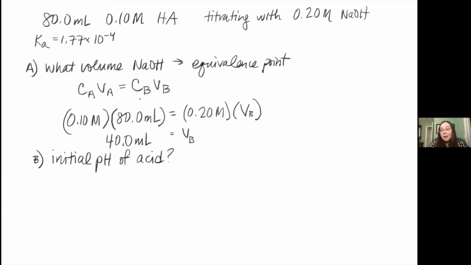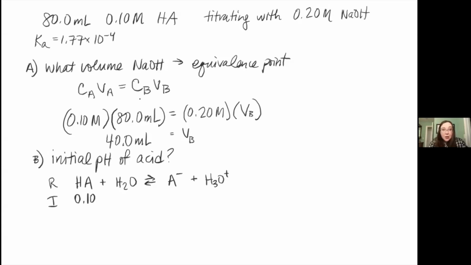That's the Ka reaction. So I'm going to write that reaction out. We've got our weak acid. It reacts with water. It's an equilibrium reaction because weak acids are always in equilibrium. We're going to get our conjugate base, and then we're going to get H3O+. So that's our reaction. And our initial concentration here is 0.1 molar.